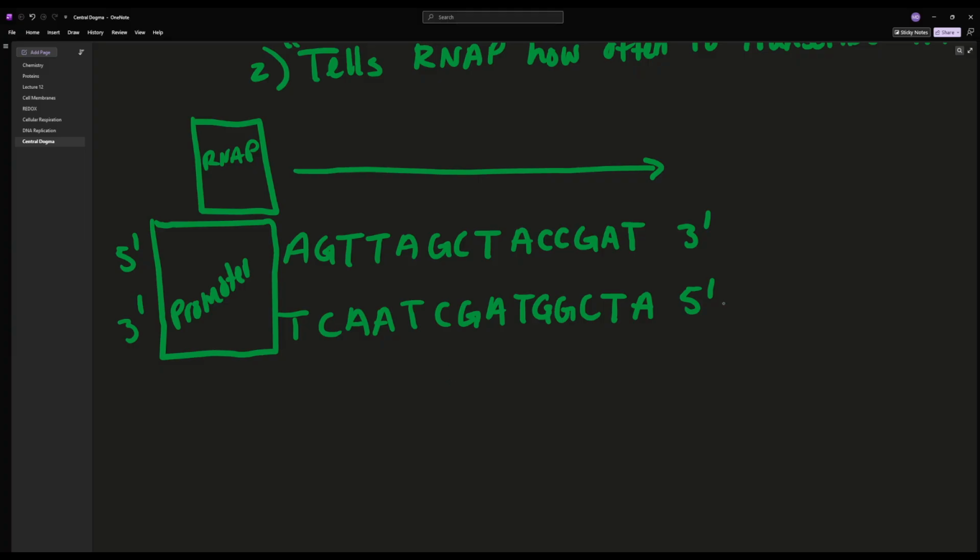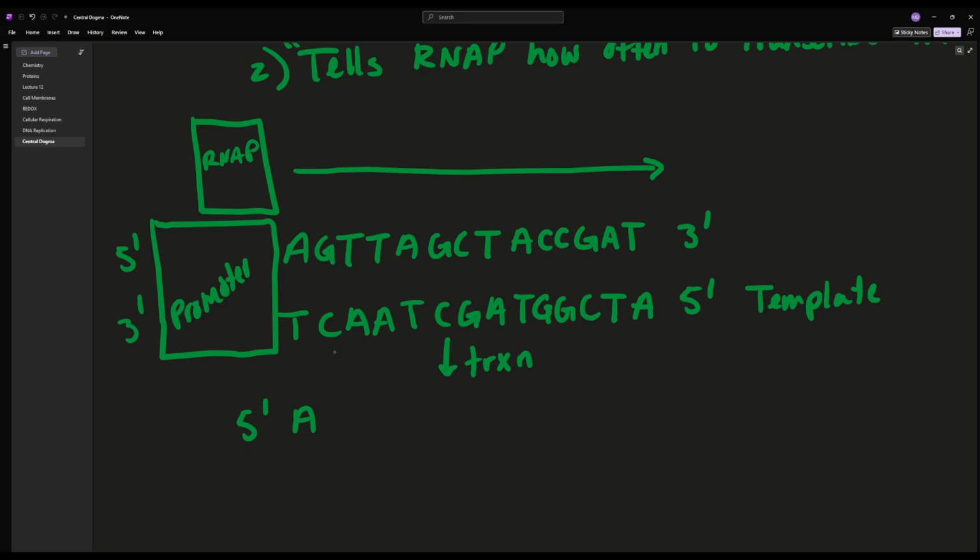Now if we look, which one's going from the 3' direction to the 5' direction? Well, that is this bottom strand, so RNA polymerase is going to transcribe this bottom strand. It is the template, to make the mRNA strand. Once again, we'll put 5' here because they should be anti-parallel.